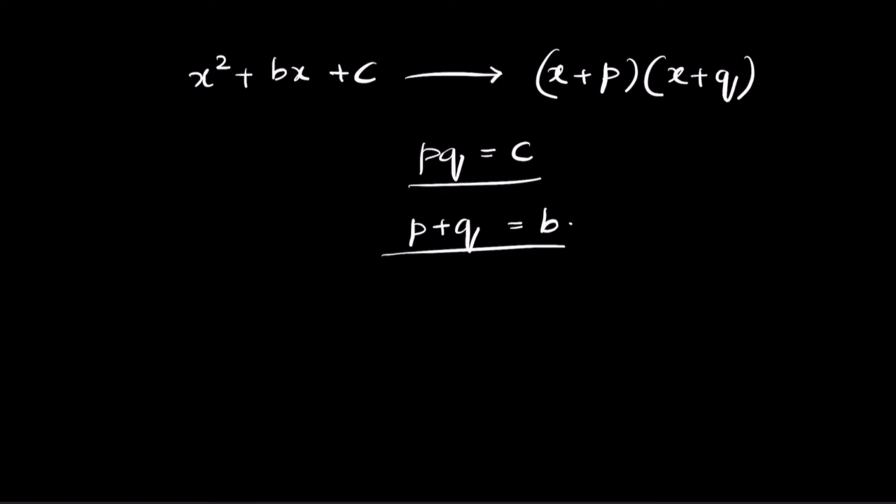But let's continue with the process and try to find out what are the chances that we can do this. But can we do it for every trinomial? So the answer generally is no. It's only possible for some trinomials.